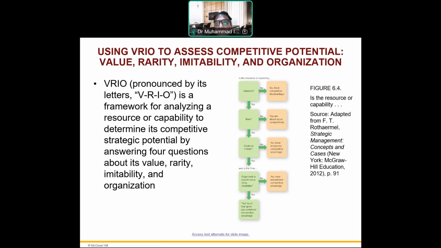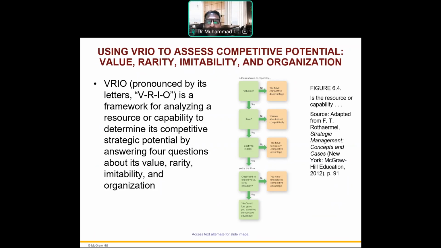If you have valuable and rare features in your product, you can get temporary competitive advantage. But if your product is valuable, rare, and also hard to copy, yes, then move to organized.